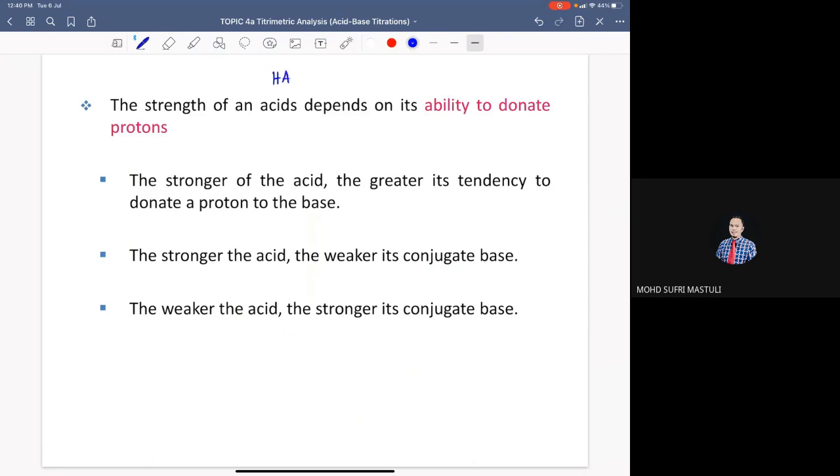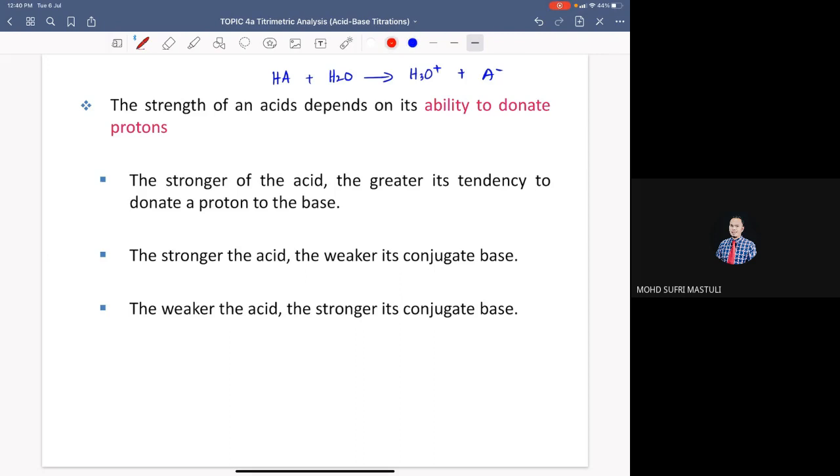When this acid is dissolved in water, it can dissociate, the proton produced reacts with the water to form H3O plus and A minus.